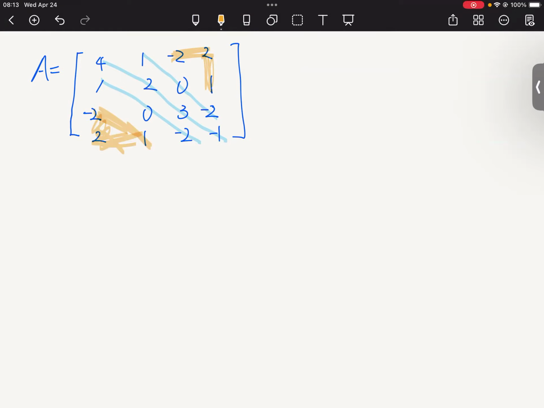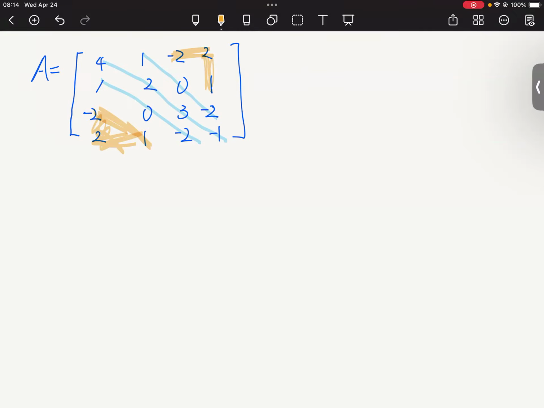And you will see the Householder transformation is nice because it's symmetric. So if we do some operations here with the Householder transformation, then we would change the things below here, and we would also change the things above here as well.